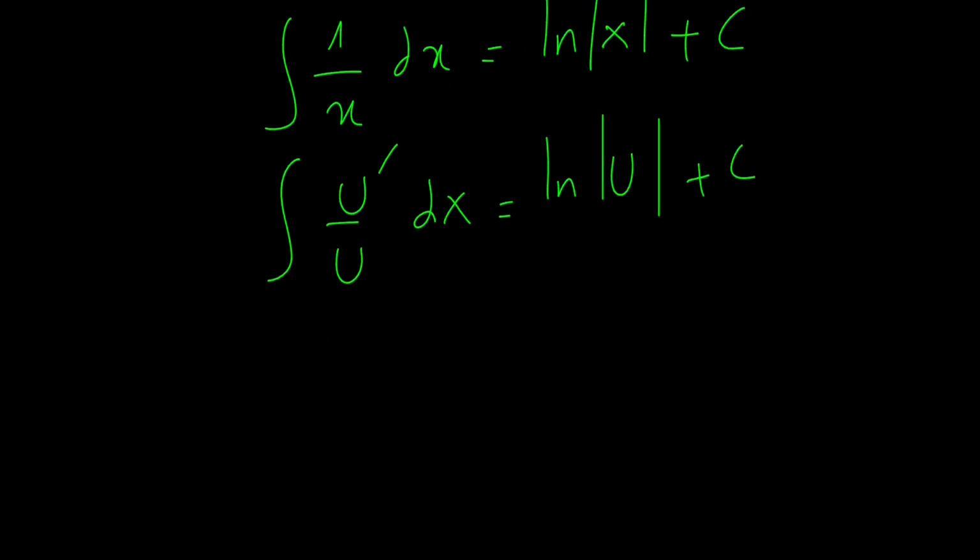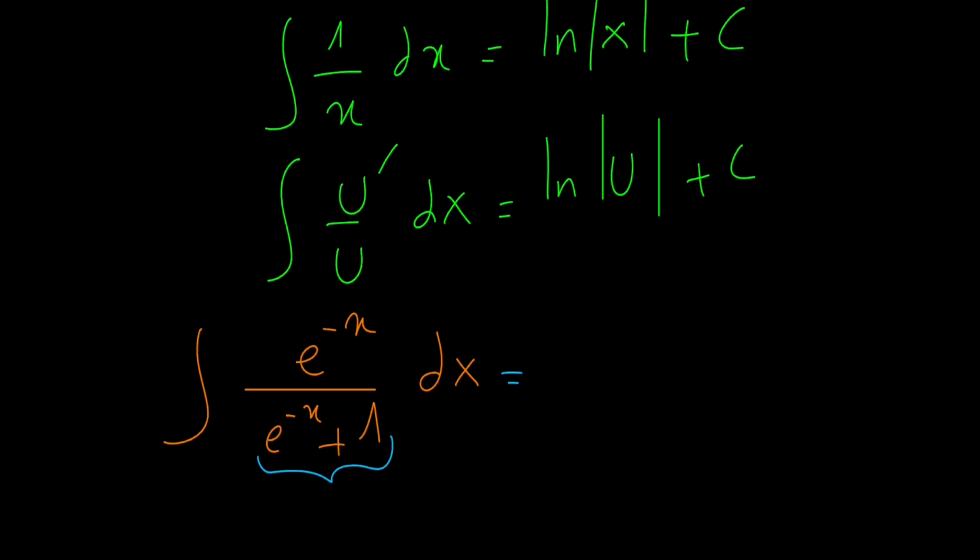For example, the integral of exponential of minus x over exponential of minus x plus 1. To calculate it, first we remark that the derivative of the function written below is minus exponential of minus x.